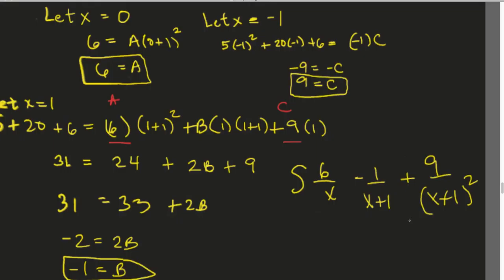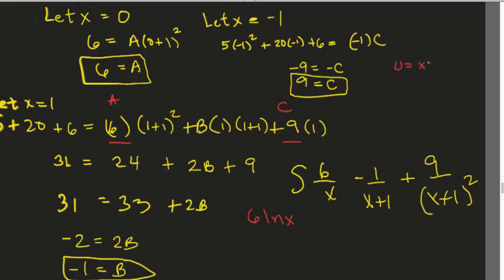Okay. So what's the integral of the first one? 6 over x is 6 ln of x. Good. And then the next one, it'll be minus ln absolute value of x plus 1.